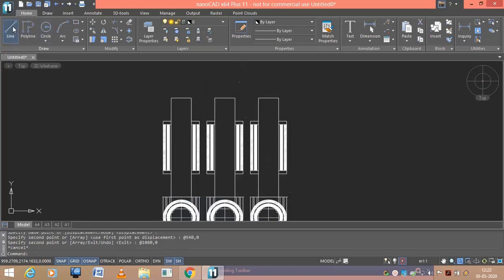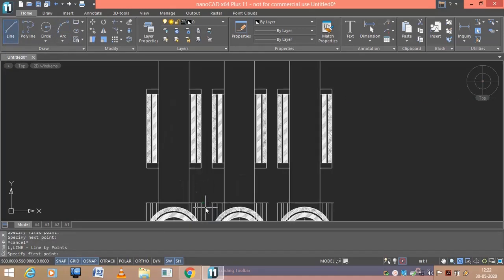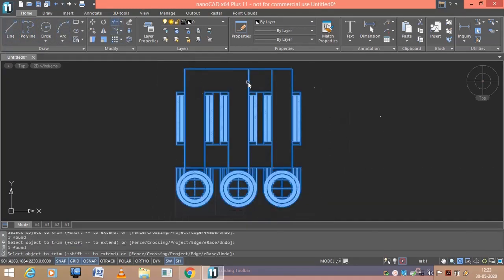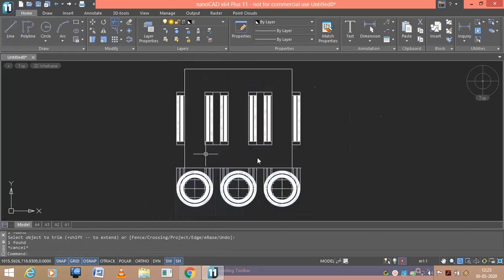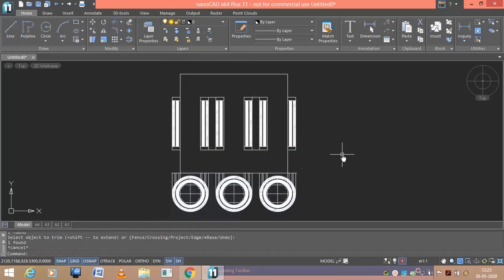Now let me close the magnetic circuit path at the top as well as at the bottom, and also close the window. Now this is your 3-phase core transformer, a full sectional plan and full elevation.